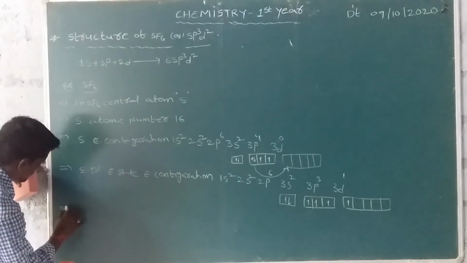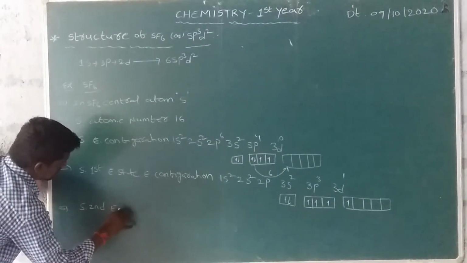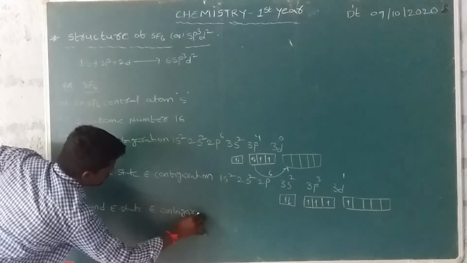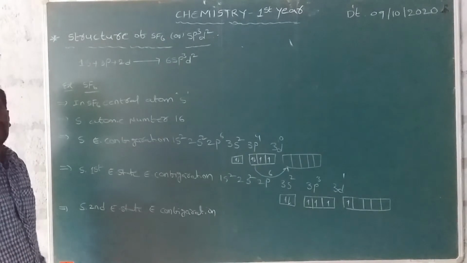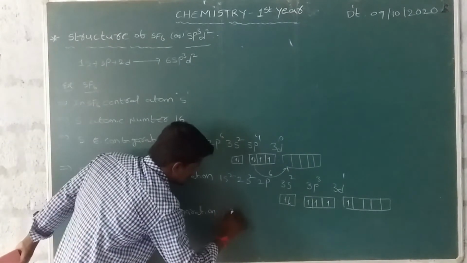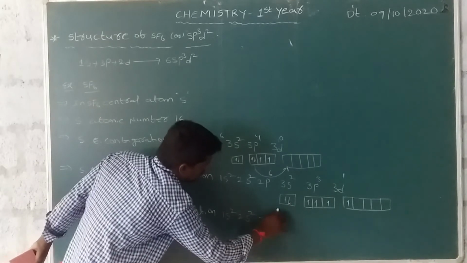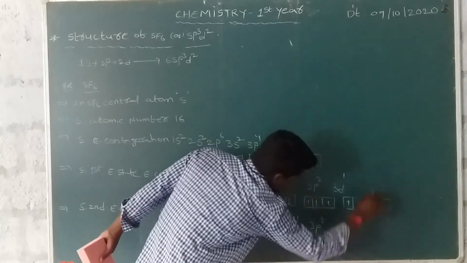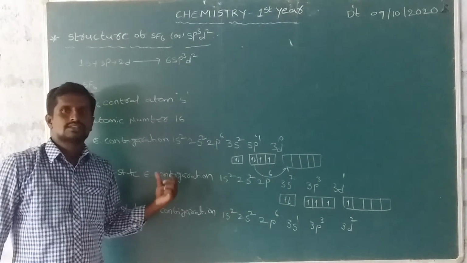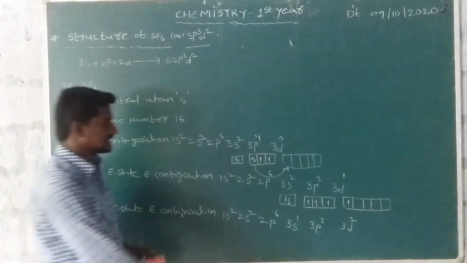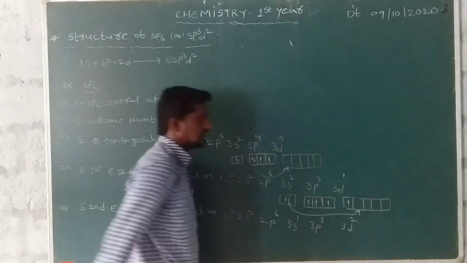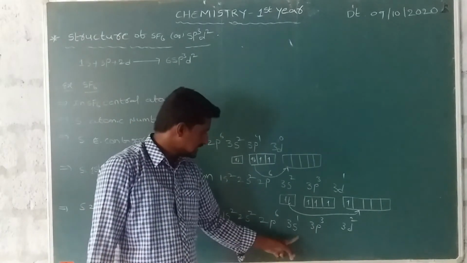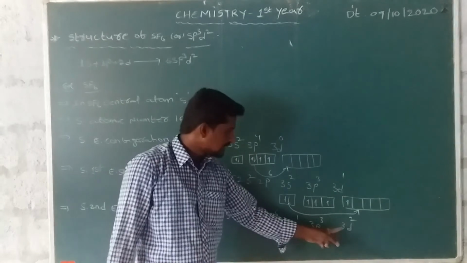Next, the sulfur second excited state electronic configuration: 1s2, 2s2, 2p6, 3s1, 3p3 and 3d2.